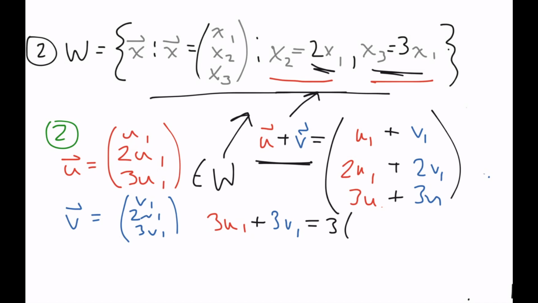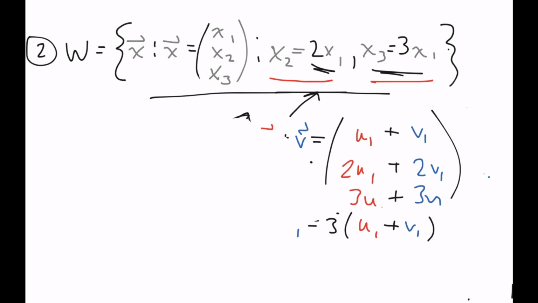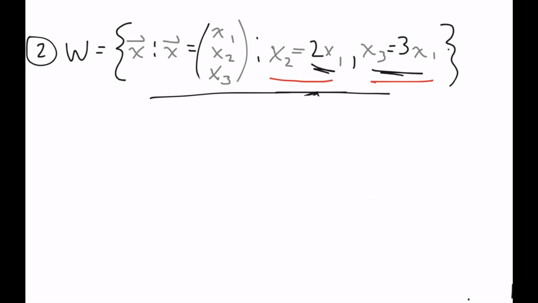So let's take a 3, and then x1 is u1 plus v1. Clearly this is true, so since both conditions are met, we know that the sum of u and v is also in W, thereby the second condition is met. So let me erase this, and then we're just going to go on to the third condition and see if that's true.